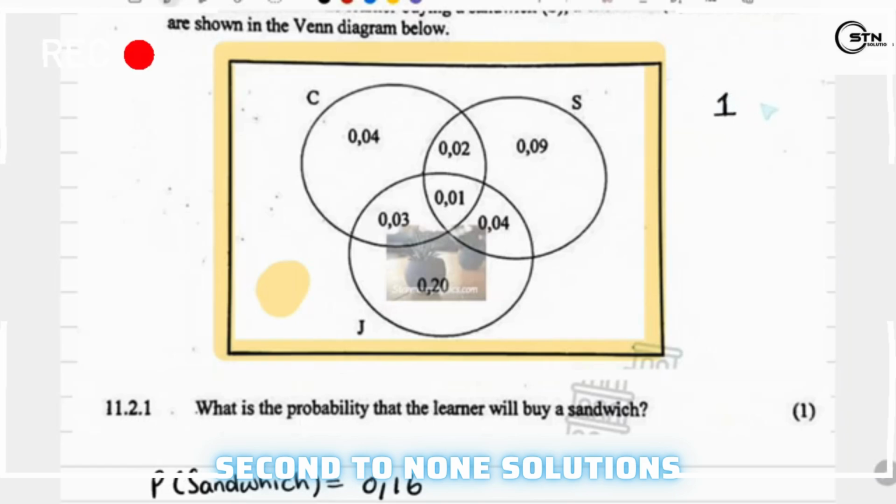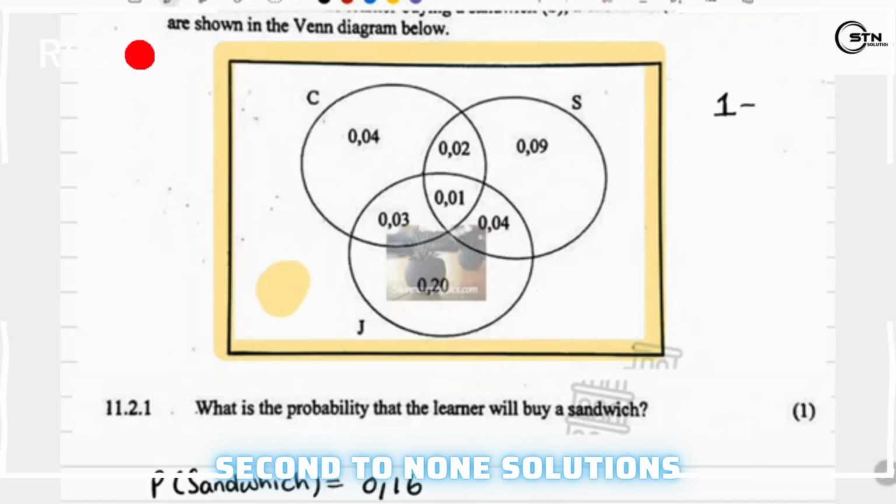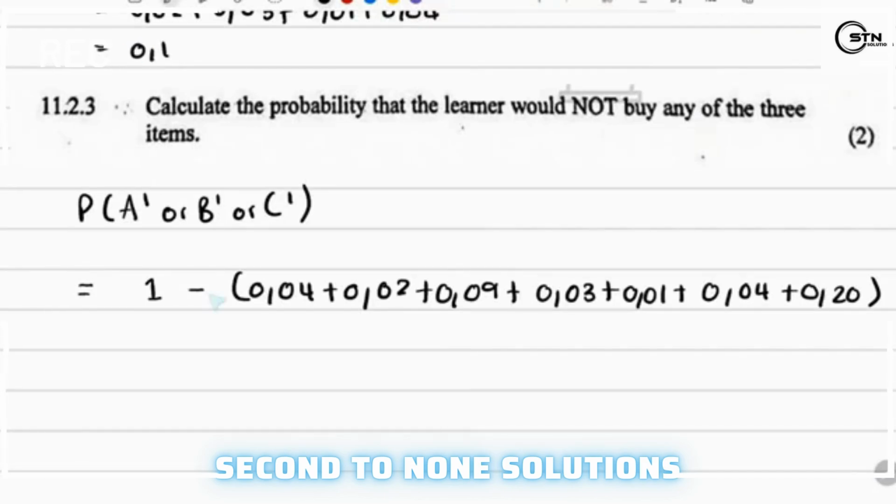So we're going to have to say 1 minus the probability that the learner is going to buy every item that they bought. And that will be minus everything we have in all the circles. So we'll take 1 minus everything because it's in decimals, and it's going to give us the probability of the learner not buying any of the items. So that is going to look like this.